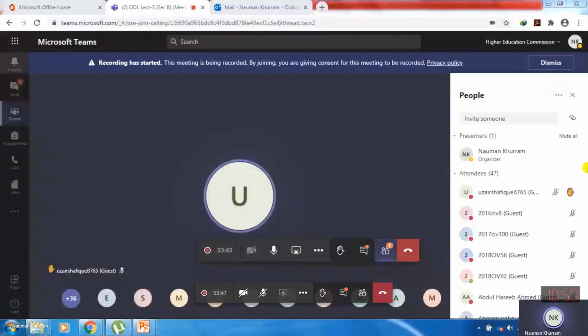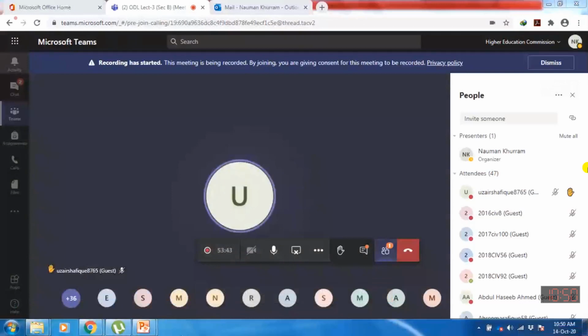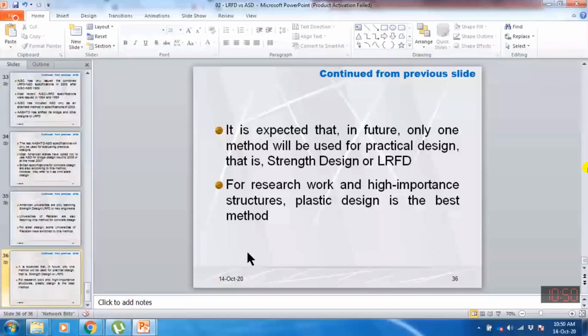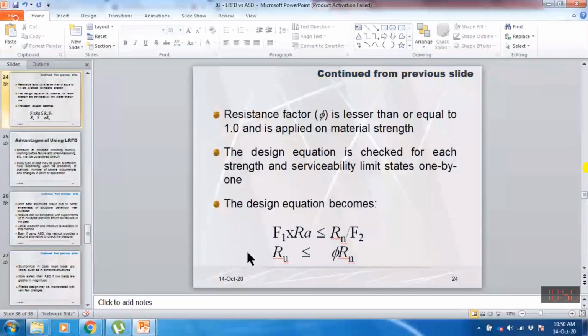Actually, let me clear. I'm in ASD. Unlike LRFD, I'm not increasing the dead load and live load by the same factor. I have to make you understand by using some equation. Let me make a duplicate of this slide.